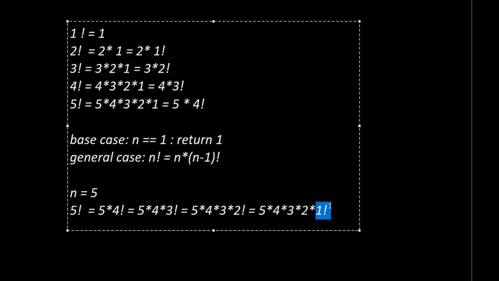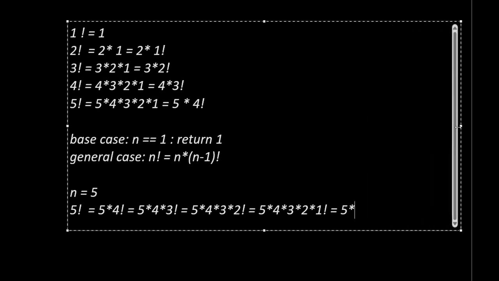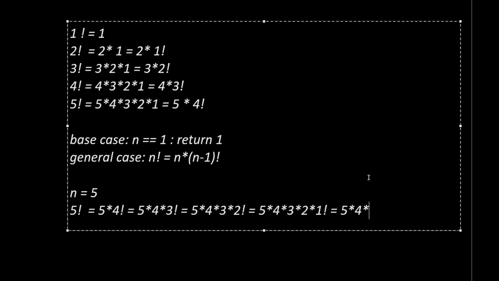Whenever you encounter 1 factorial, you return the value 1 in its place.